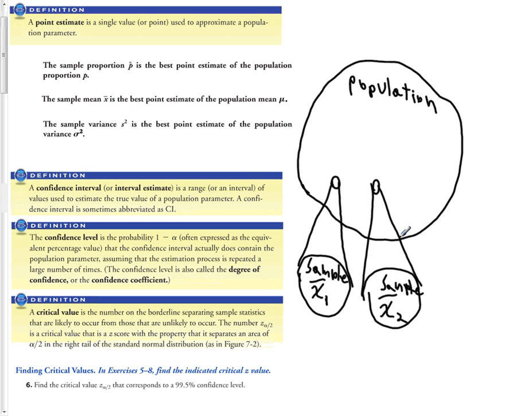So if we took samples, we would each get different sample means. If we took two different samples and created a confidence interval based on each sample mean, we get two different intervals.